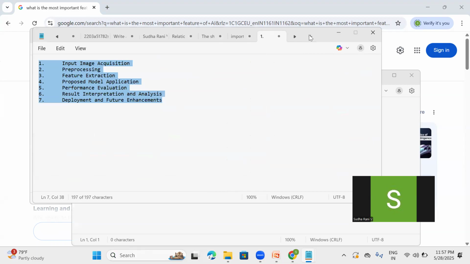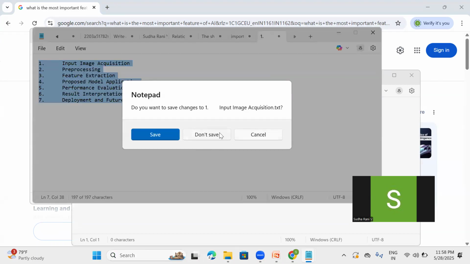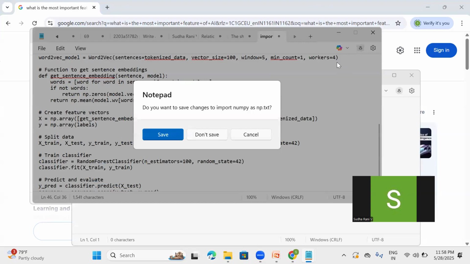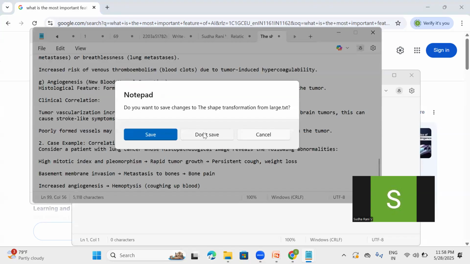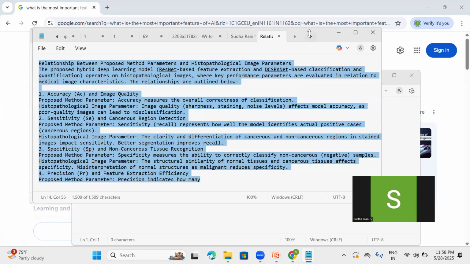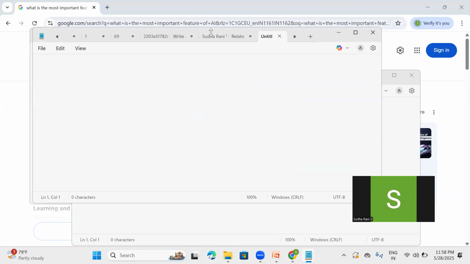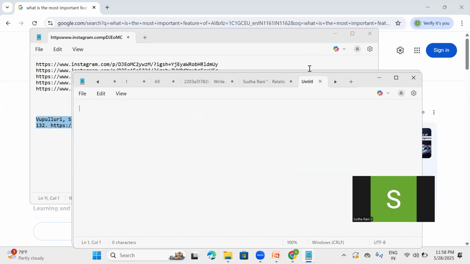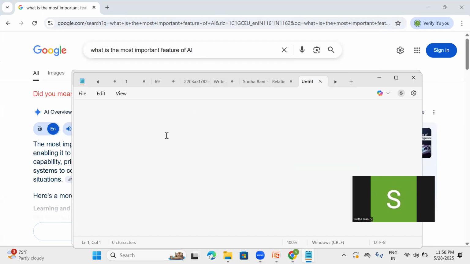Let's see here. So what is the sentence? Let's do the text pre-processing.